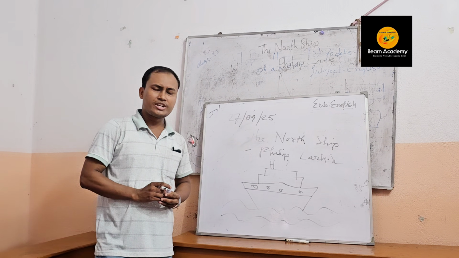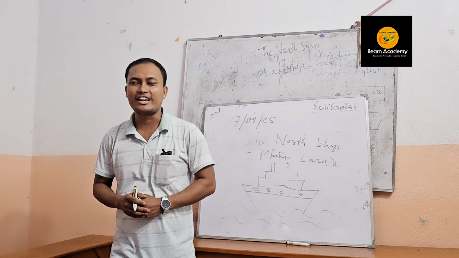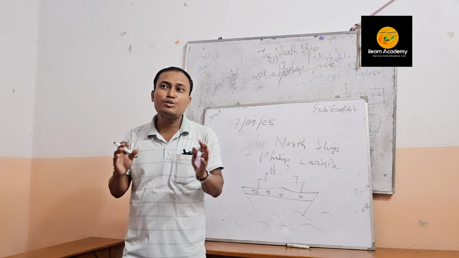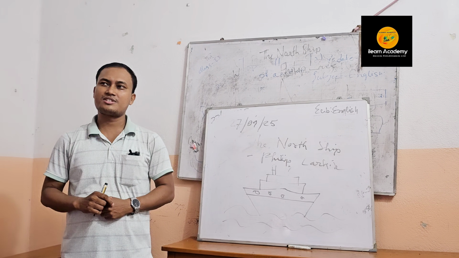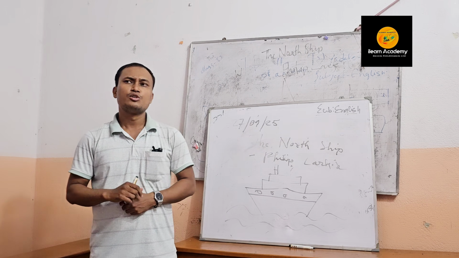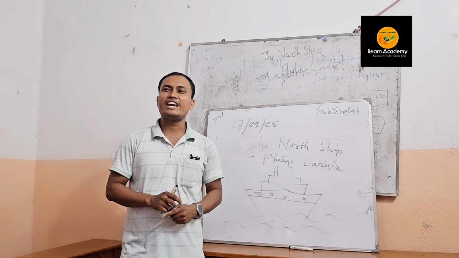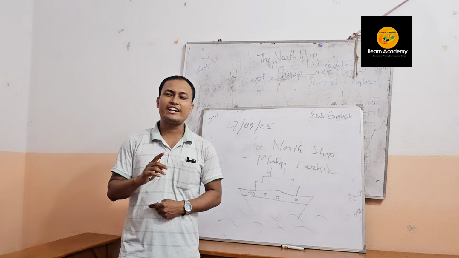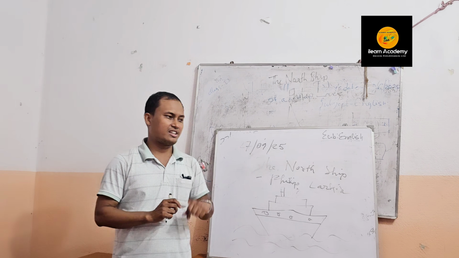Okay. So, students, now before going to read the poem line by line, I would give you an overview of the poem. In this poem, we will see there are three ships at the beginning of the journey, heading in three different directions. We will see that the first ship heads towards the west, and it will get the help of the wind, and it will finally reach its destination smoothly, which is a rich country.